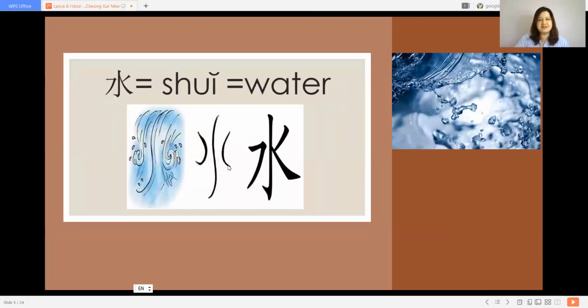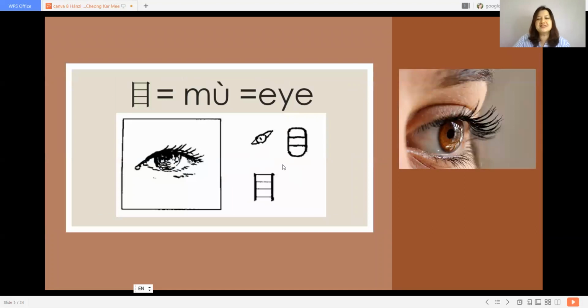So the word comes from this way. How about this one? 水, water. It's like a stream of water. So with the pictures, it creates a word similar to the original picture. How about this one? 目 is eye.